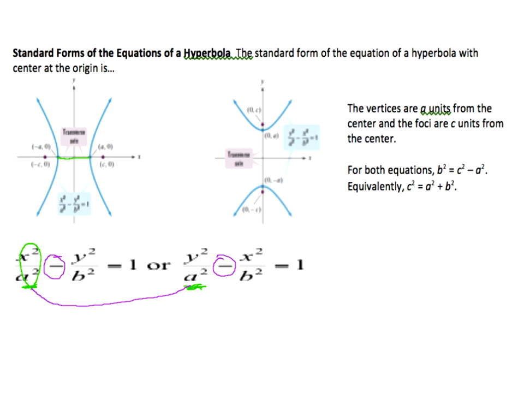So I'll also point out that when your transverse axis is vertical, or in the y direction, I went all the way to the focus on that. Let me delete that because it goes from vertex to vertex, not between the foci. So vertex to vertex. So when that transverse axis is vertical, you'll notice that we have our y squared term first.